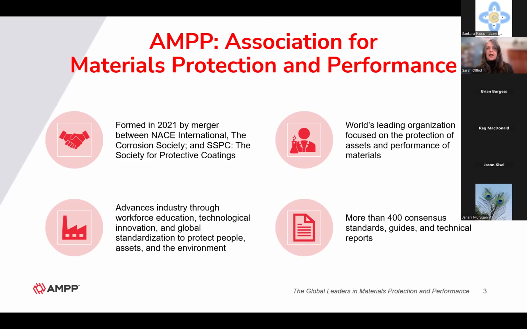At the time of the merger, we had more than 400 consensus standards, guides, and technical reports, all of those standardized documents that came from NACE International and SSPC together to form our portfolio of documents.